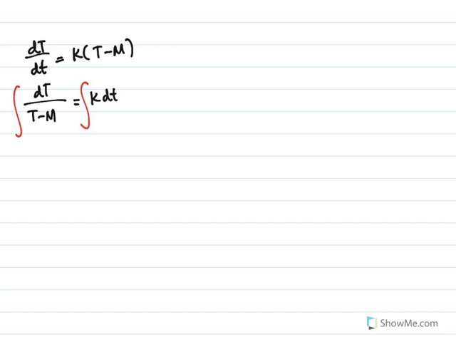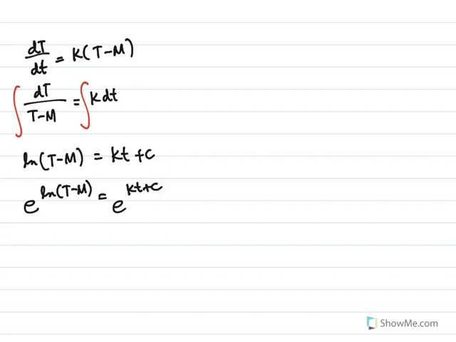Integrate both sides with respect to temperature and with respect to time. You'll have here ln of T minus M is equal to kt plus C. We raise both sides as powers of e. You'll just have e raised to ln of T minus M is equal to e raised to kt plus C. E raised to ln of T minus M is just T minus M.